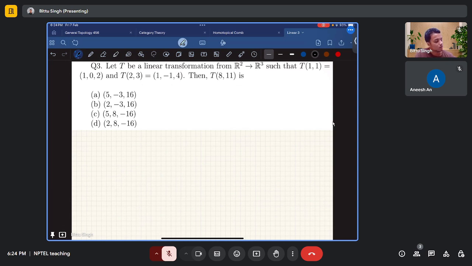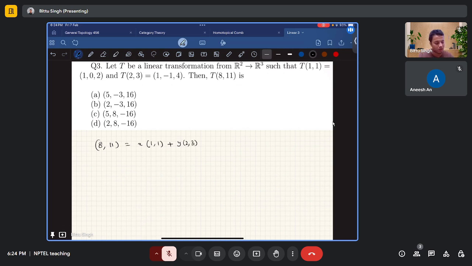So let us see what the coordinates of (8, 11) are. We want to express (8, 11) as a linear combination of some elements. That is, we want to write it as x times (1, 1) plus y times (2, 3).